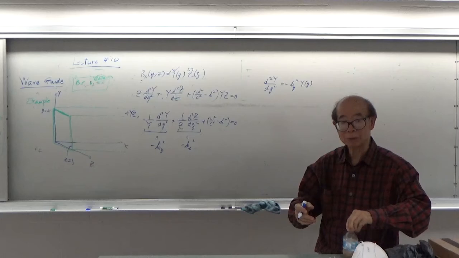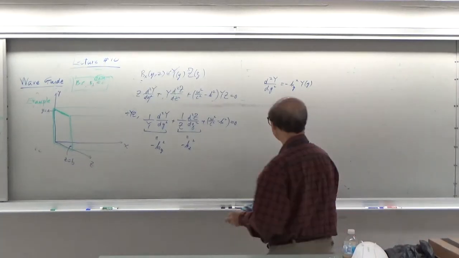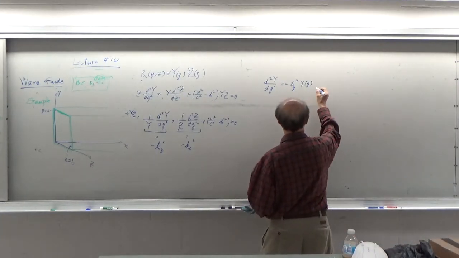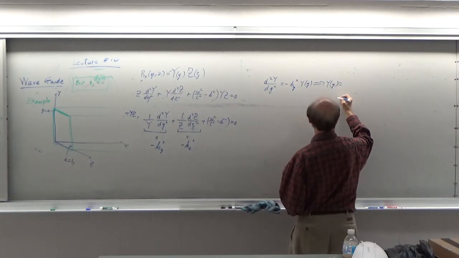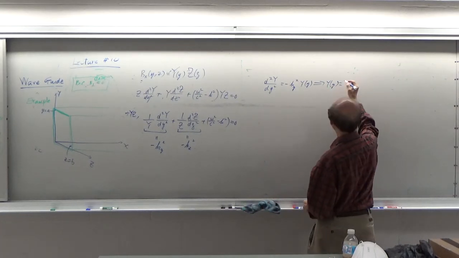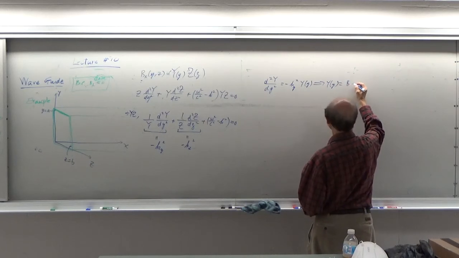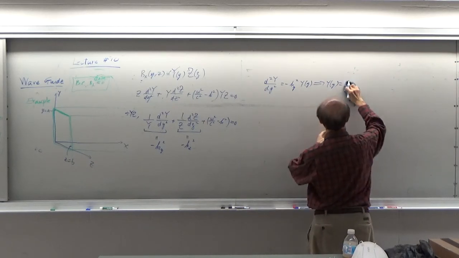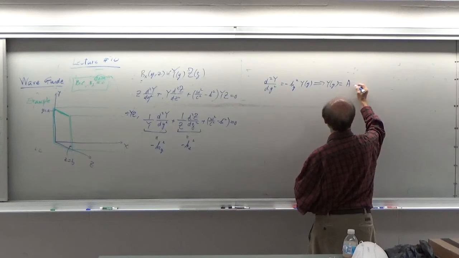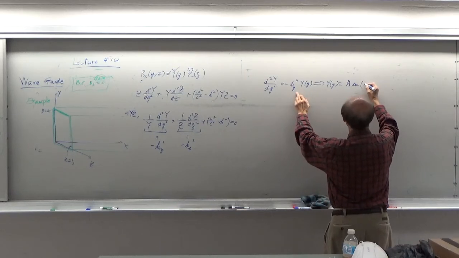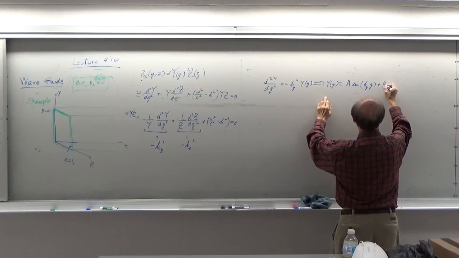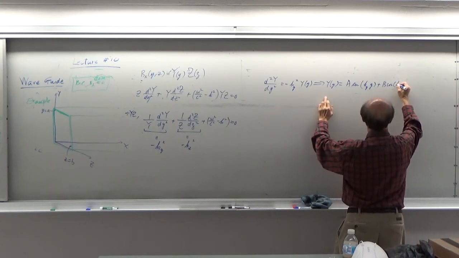Write them in terms of cosine and sine functions. So Y of y is equal to, let's say, A sine of ky y plus B cosine of ky y.